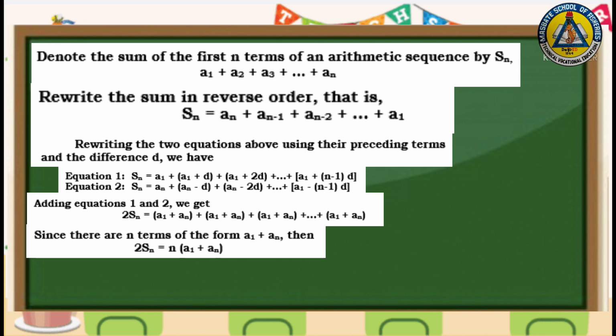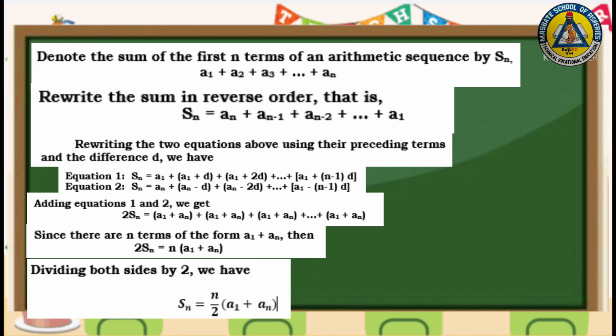Since there are n terms of the form a sub 1 plus a sub n, then 2 S sub n is equal to n times a sub 1 plus a sub n. Dividing both sides by 2, we have S sub n equals n over 2 times a sub 1 plus a sub n.